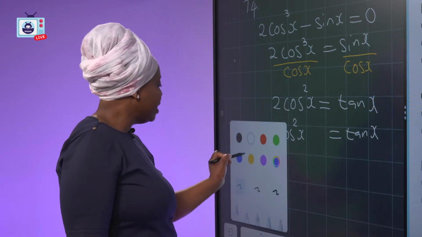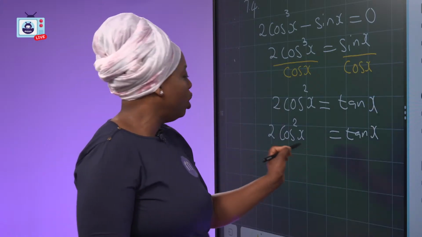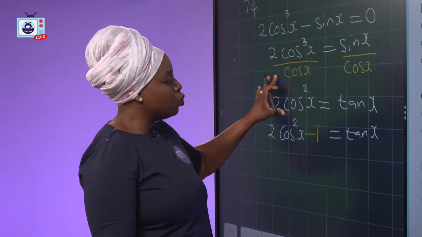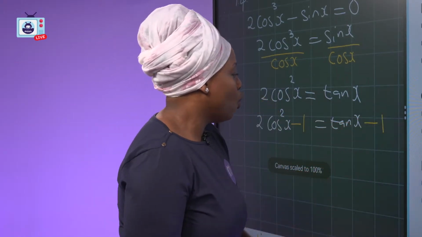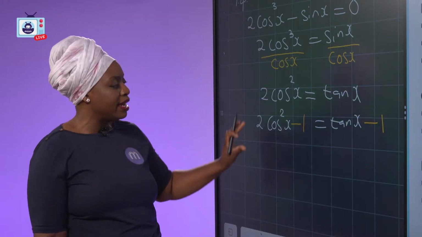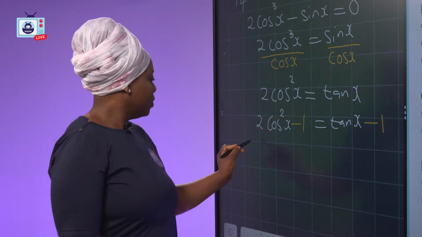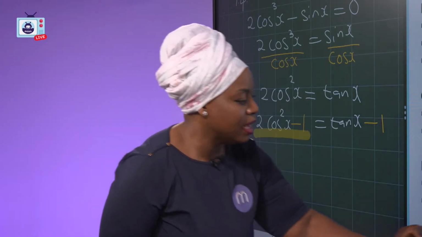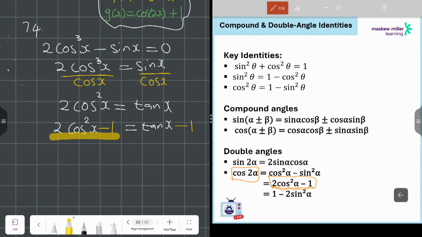To reach my goal, I subtract 1 on the left as well as the right. What I do on the left, I do on the right. As soon as I subtract 1, can you see that now I have this part, which is the same as this one, which I was looking for? That's what you needed to have done.